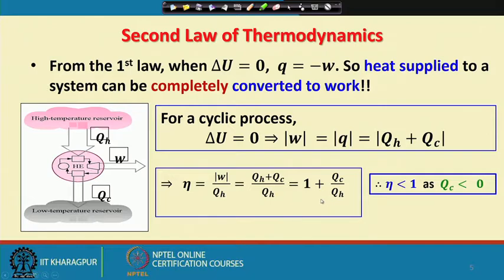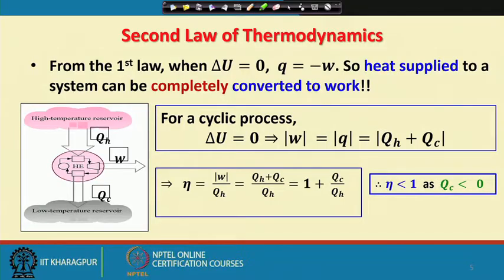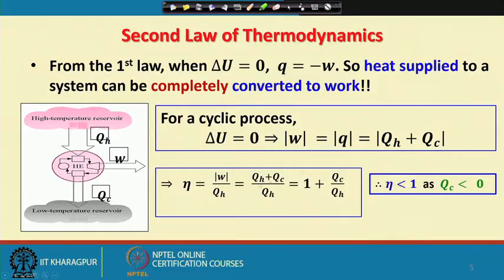Now, this means that eta will always be less than 1. Why is that so? That is because QC is the amount of heat rejected by the heat engine to the low temperature reservoir. Therefore, by the sign convention we have adopted here, it is a negative quantity, and if QC is negative, then eta is going to be less than 1 because of the presence of a fraction with a negative sign here.